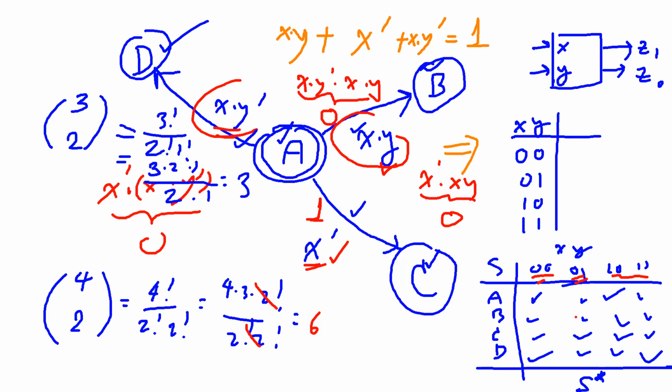Or if some state and some input condition have more than one next state at the same place, for example at state D and input x, y is 0, if the next state may be A and C at the same place, it's not okay.